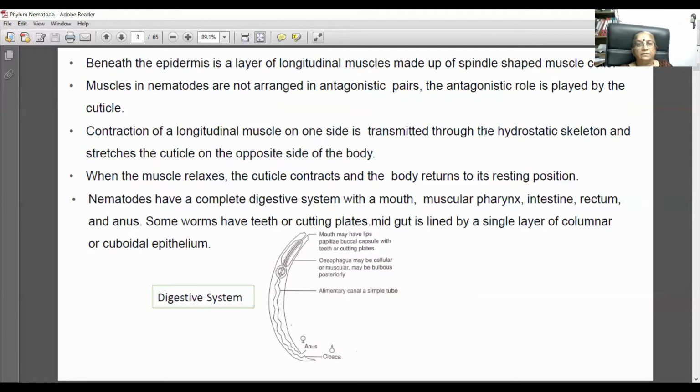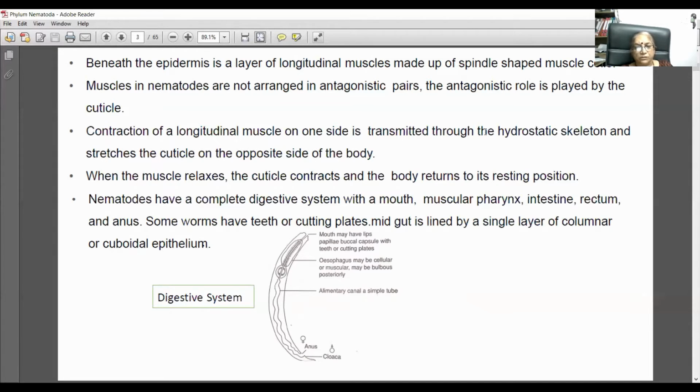Nematodes have a complete digestive system, which comprises mouth, muscular pharynx, intestine, rectum, and anus. Some of the worms have teeth or cutting plates in the mouth, and their midgut is lined by a single layer of columnar or cuboidal epithelium.